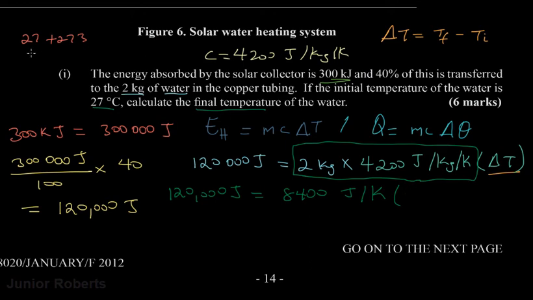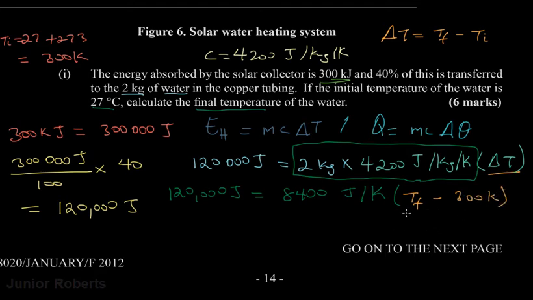So TI is equal to 300 Kelvin. So we're going to have our final temperature, TF, minus our initial temperature, which we just converted to 300 Kelvin.